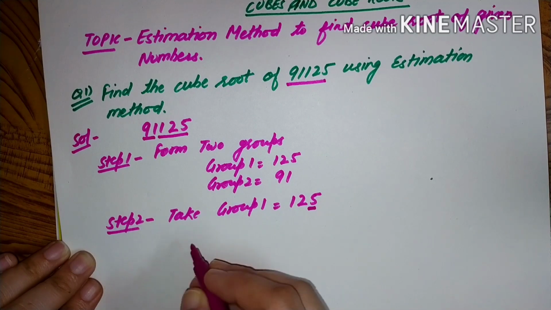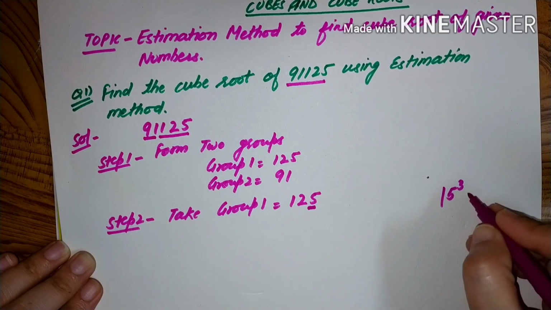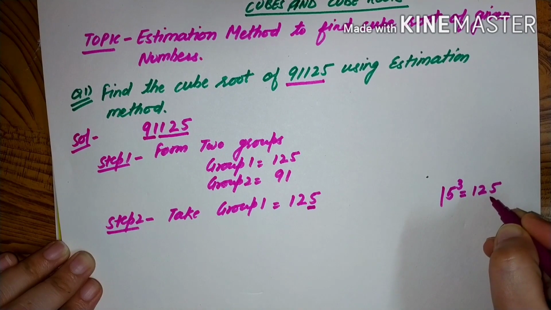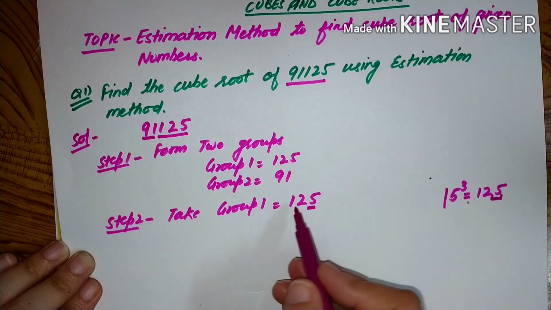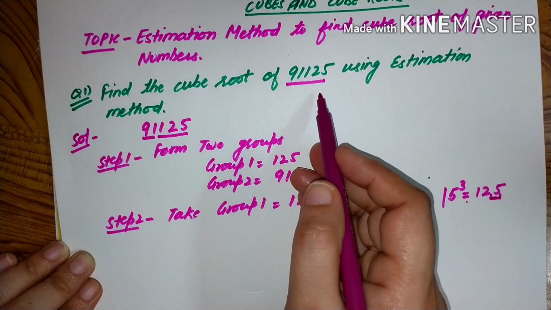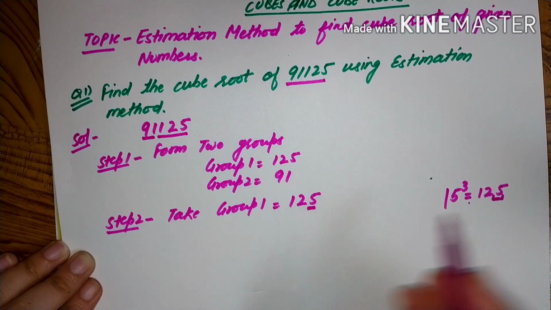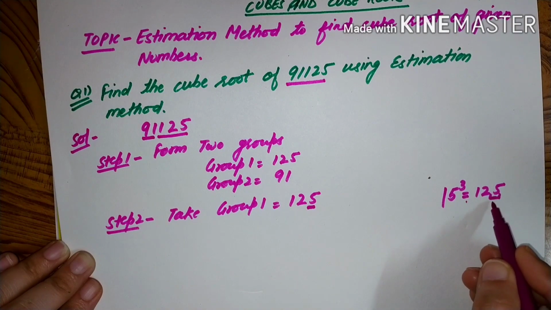So what we need to do is, on the side, take the cube of 5, that is 125. The number which comes in the cube of 5 will be the unit place digit of the required cube root. So we have taken group 1, 125, and we have taken the cube of 5, 125.